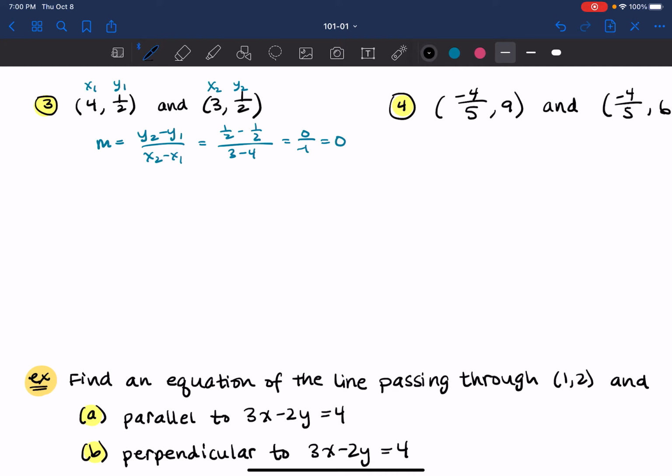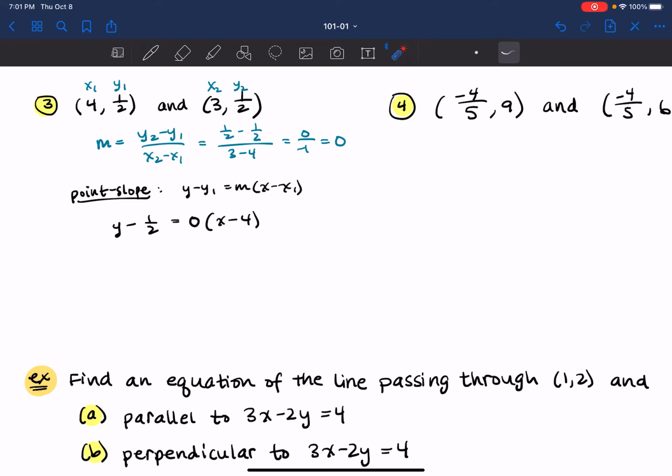All right, and then just to switch it up here, I'll use point slope formula. All right, so that's the y minus y1 equals m times x minus x1. So let's plug in. So we have y minus 1/2 equals m, which is 0, times x minus 4. So I'm just using one of the points.